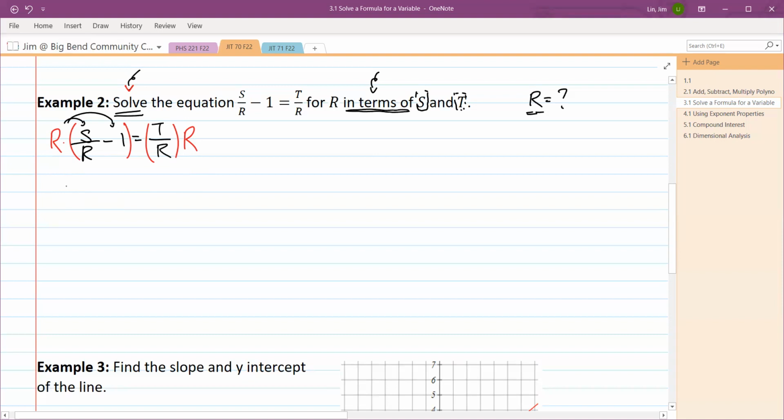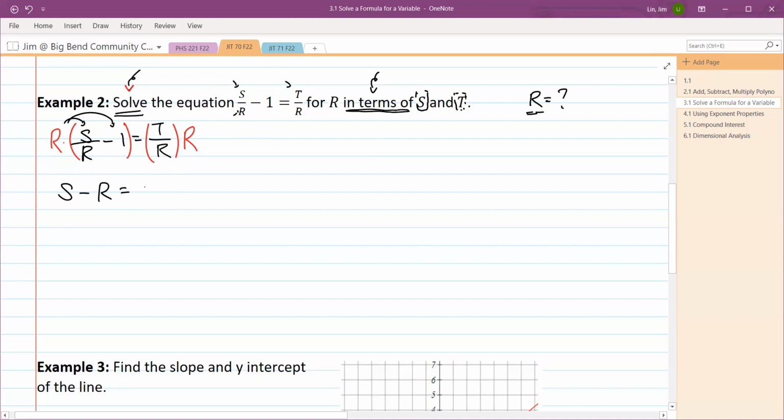Then we'll get s minus r. Get it? Remember, the symbols s, r, and t are actually all values. We just don't know the values yet, so that's why we use symbols to represent them in an equation.